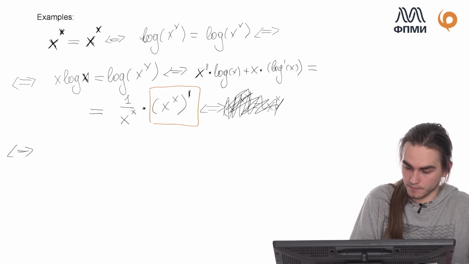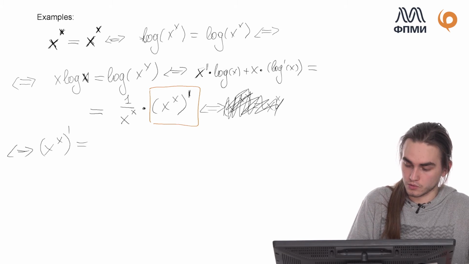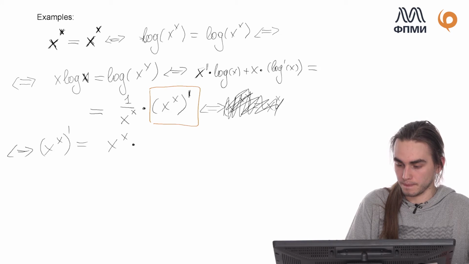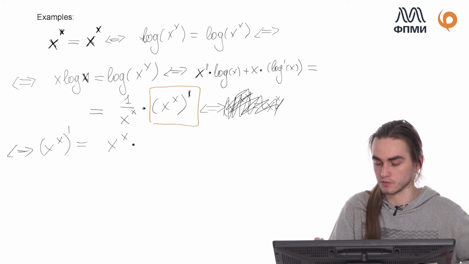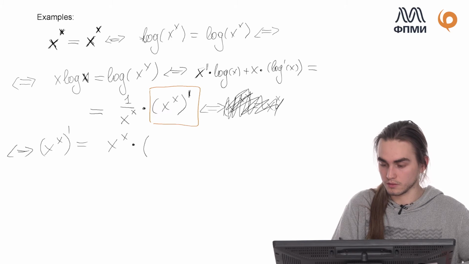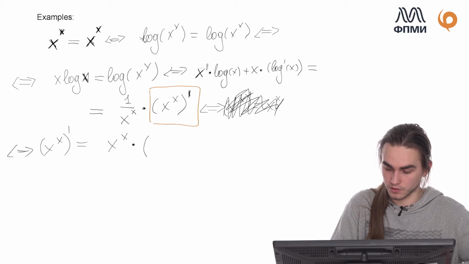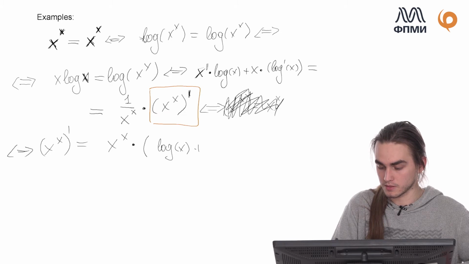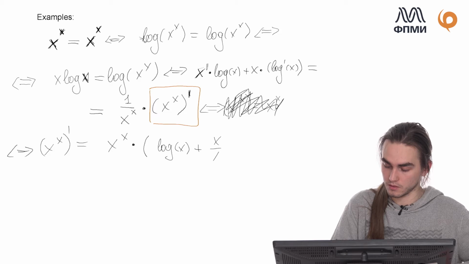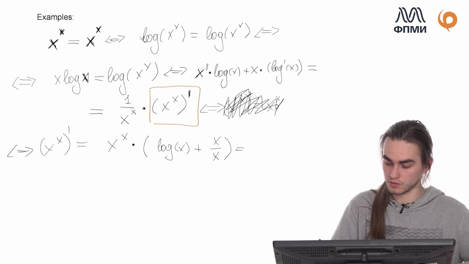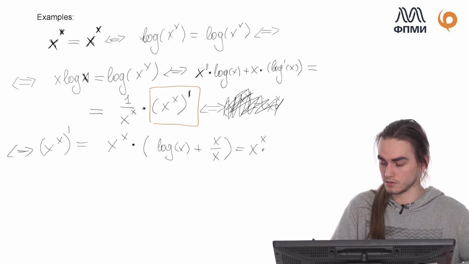So here it is. x in power of x prime equals x power of x, multiplying both sides of the equation and then simplifying the left side. So x prime is 1. So it's logarithm plus x divided by x. So it's x in power of x times logarithm of x plus 1.